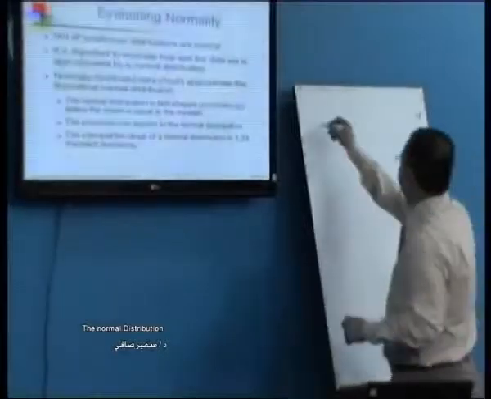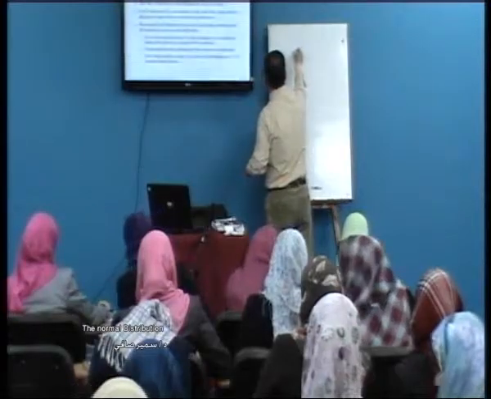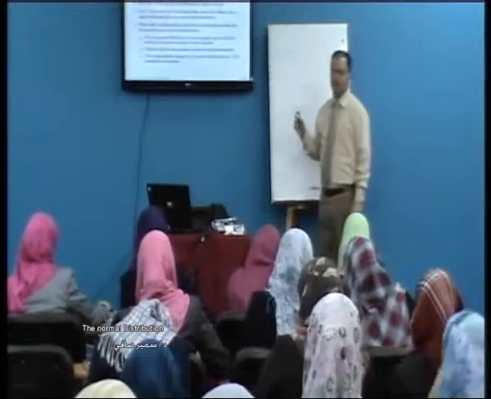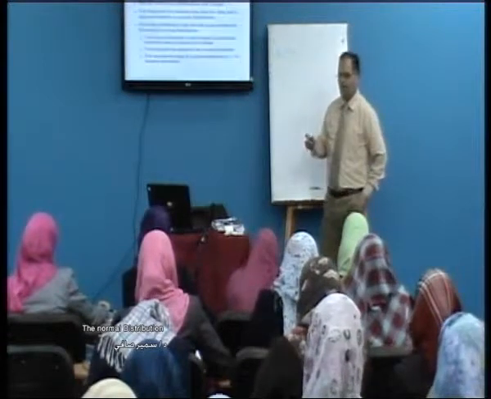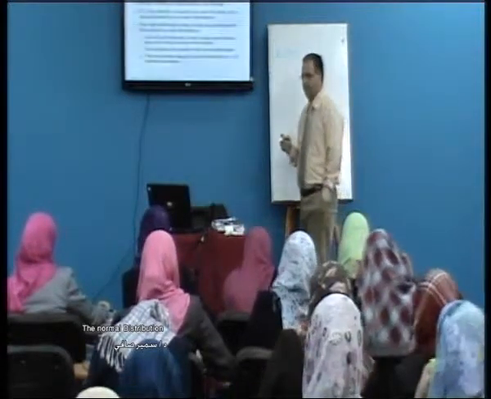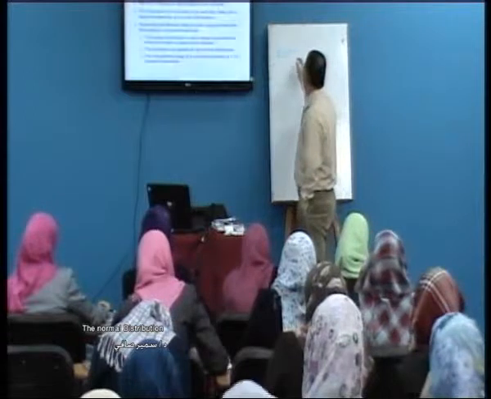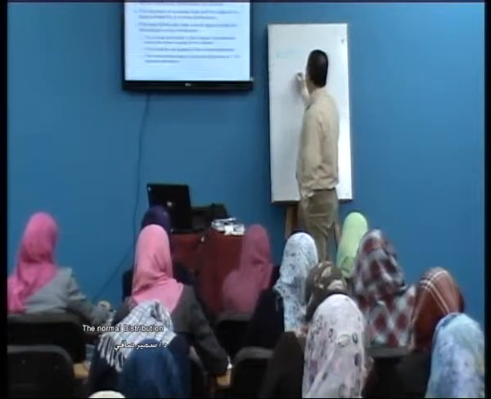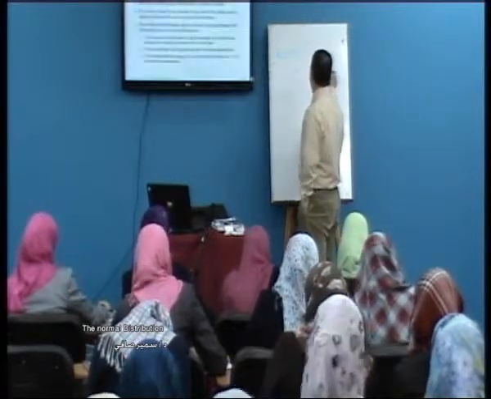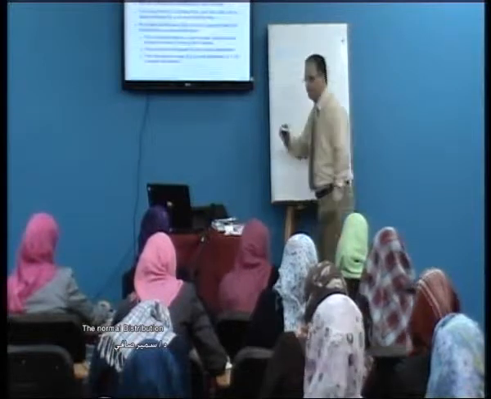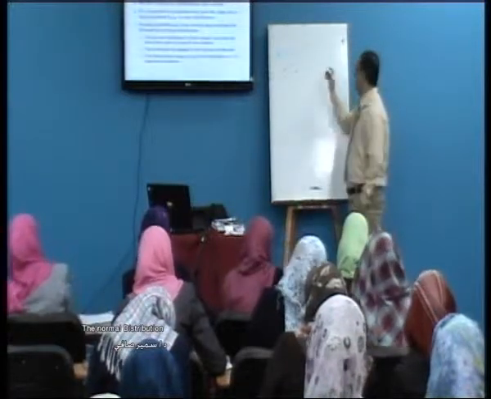By z-score, and we mentioned that any data point below minus 3, I mean smaller than minus 3, or above 3, these points are suspected to be outliers.